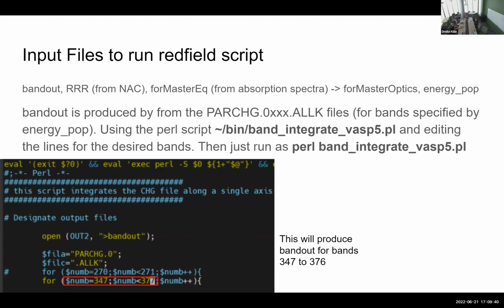As Adam was talking about, we have our input files here, so I won't go over that. For my model, I am running bands 347 and 376. And just one other thing to watch out for in the for loop for the band integrate: when changing these numbers, make sure you notice that it's a less than sign, not a less than or equal for the upper band, because that might screw you up.